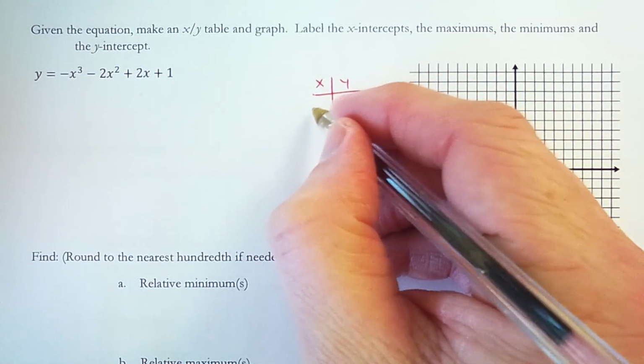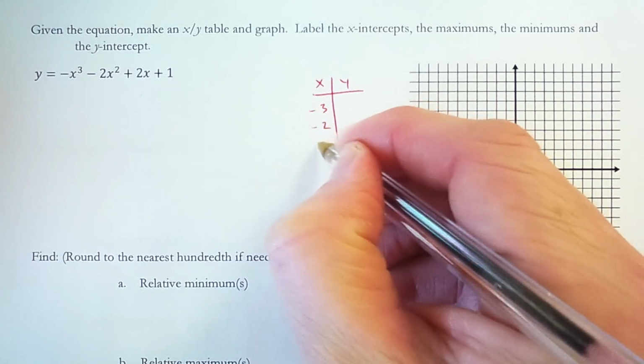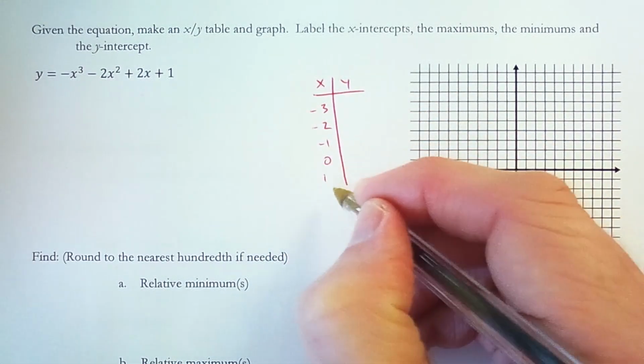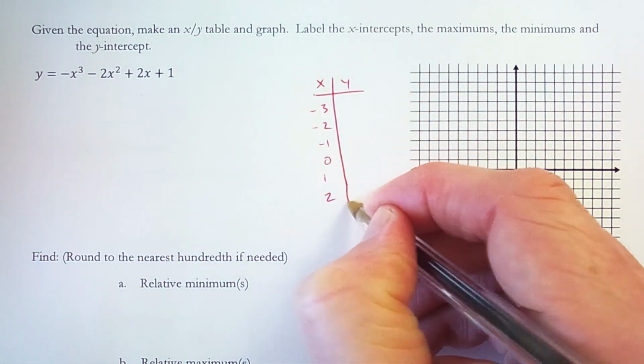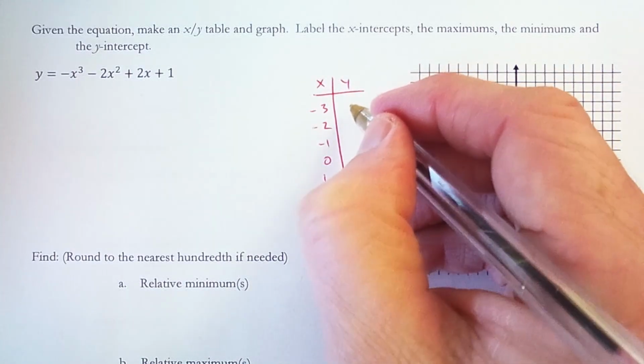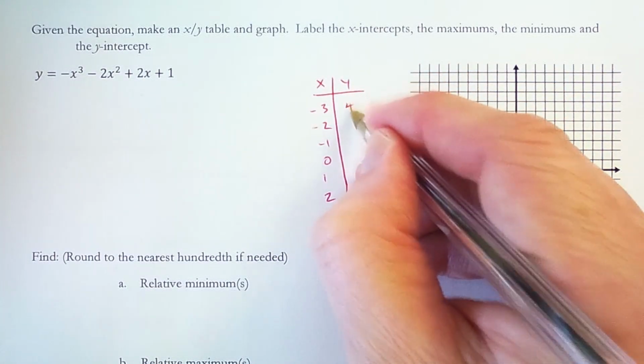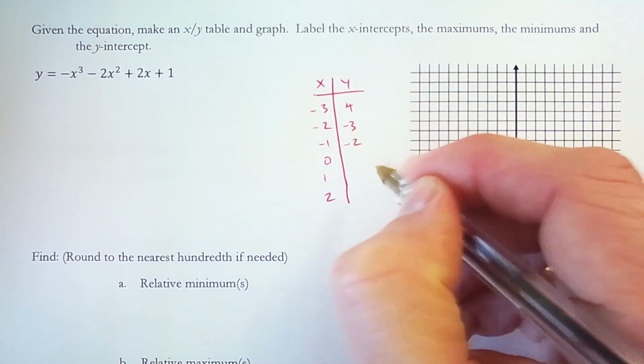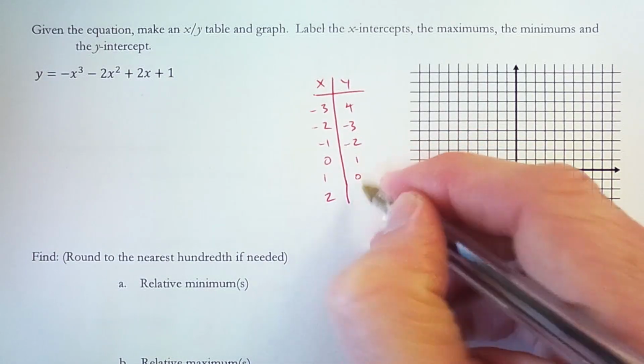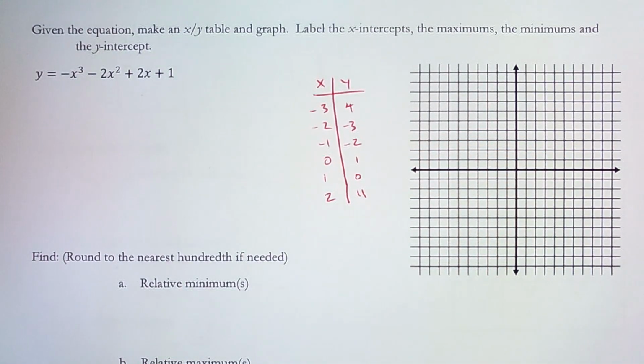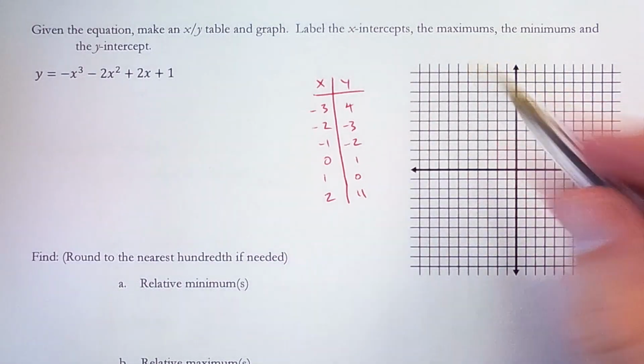So we're going from -3 all the way up to an input of 2. And our outputs, according to the calculator, were 4, -3, -2, 1, 0, 11. Okay, so on my graph, I'll plot each of these points.